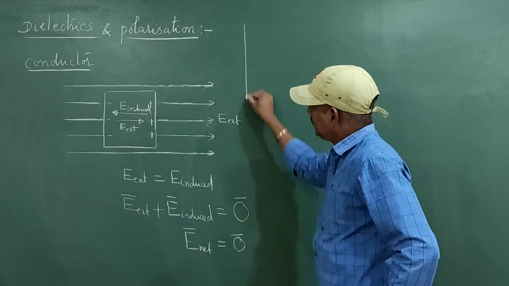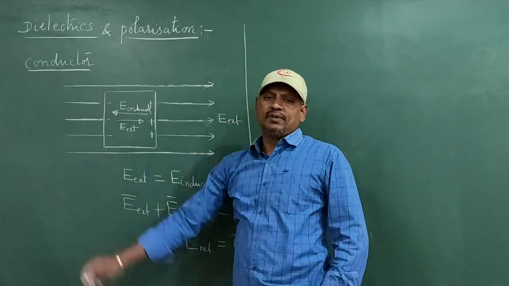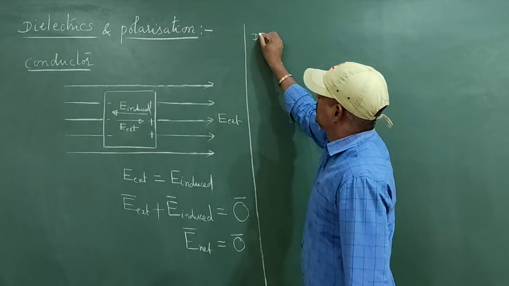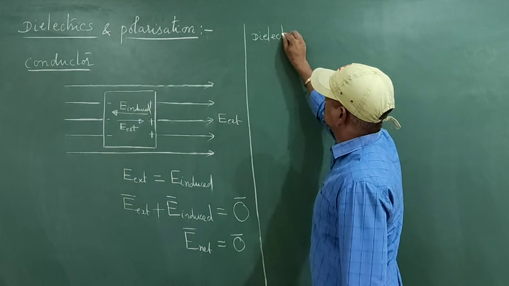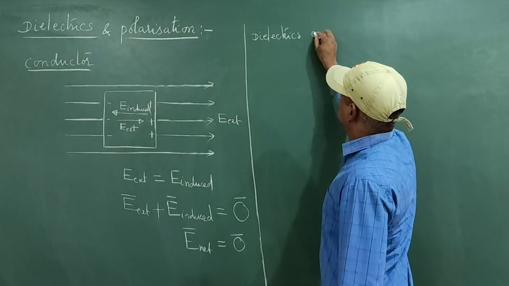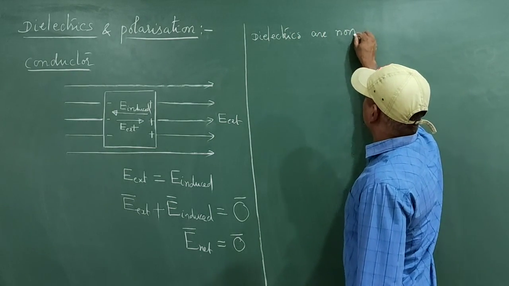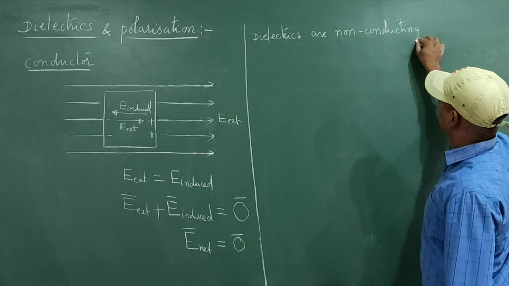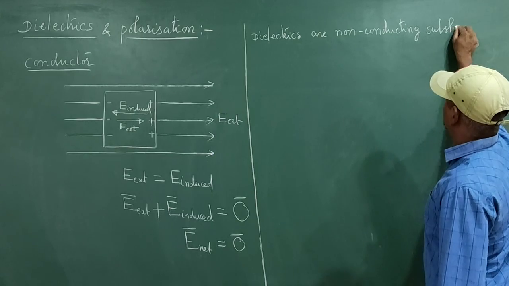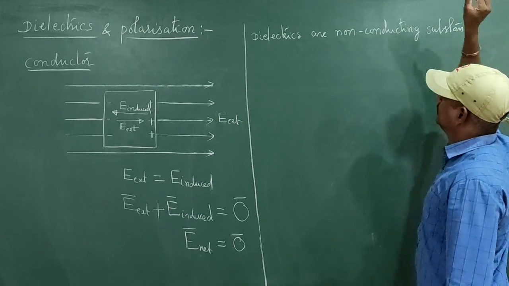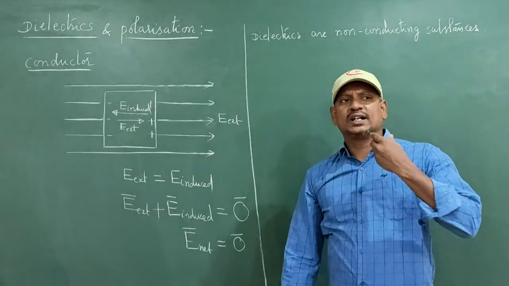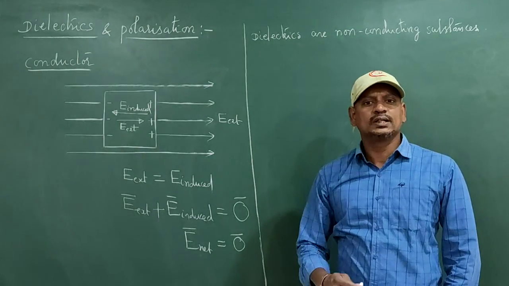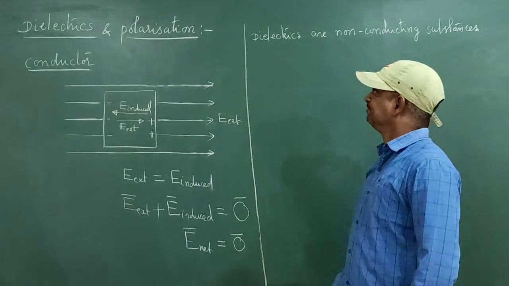Now we have dielectrics. Dielectrics are non-conducting substances. Non-conducting substances literally means we can call them insulators.